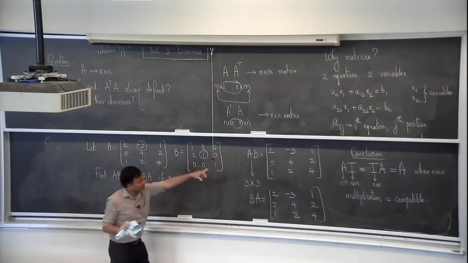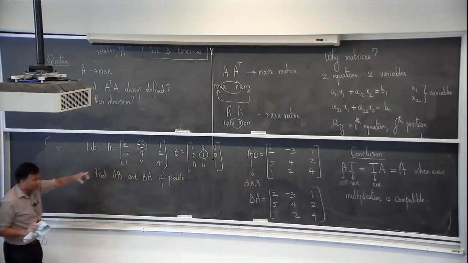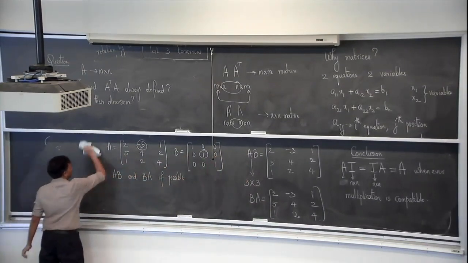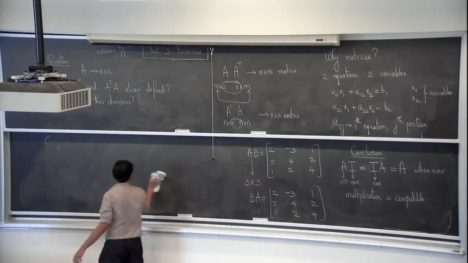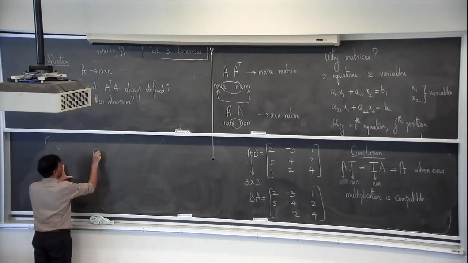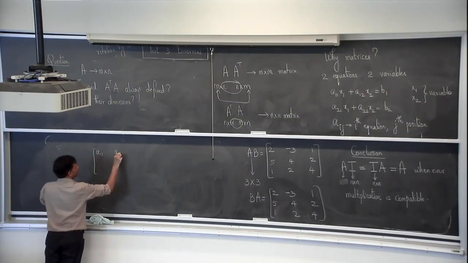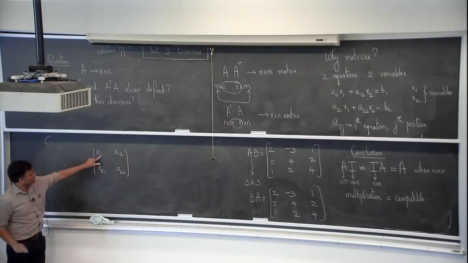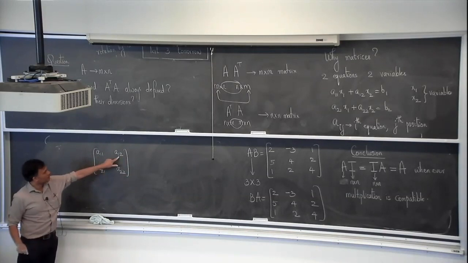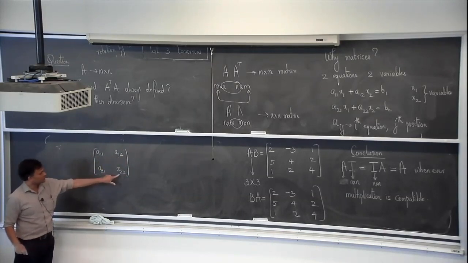We can write that same system of 2 by 2, which might look like an overkill, in a matrix form as follows: A11, A12, A21, A22. Here the subscripts are making a lot more sense. First row, first column, first row, second column, second row, first column, second row, second column.